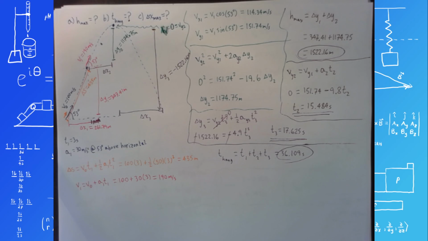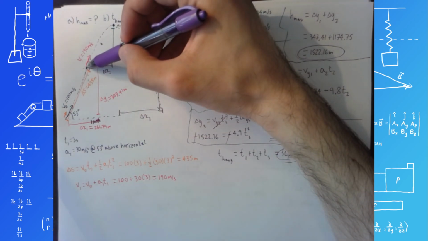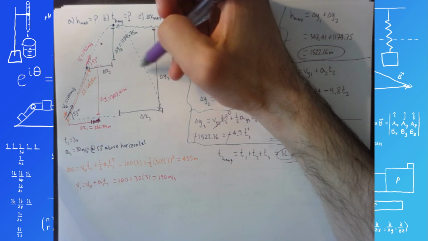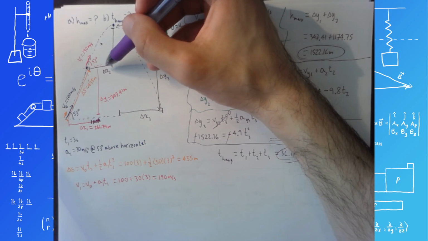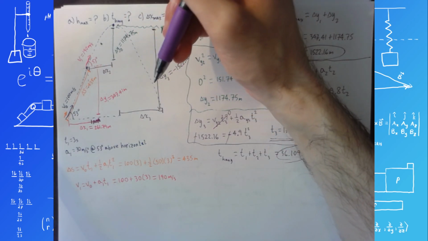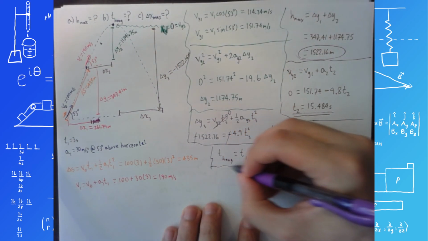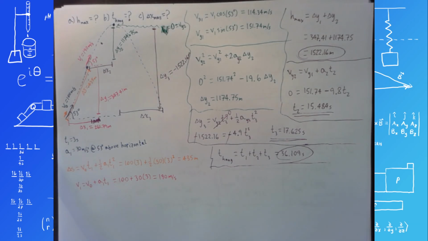Anyway, the good news about delta x2 and delta x3 is that I don't have to calculate them separately, because if I combine both the second and the third phases, delta x2 plus delta x3 can just be calculated all in one go. I guess I'll show what it would look like if we did calculate both of them separately.